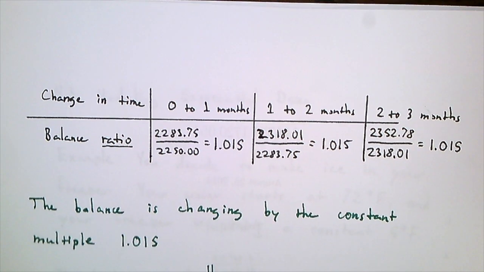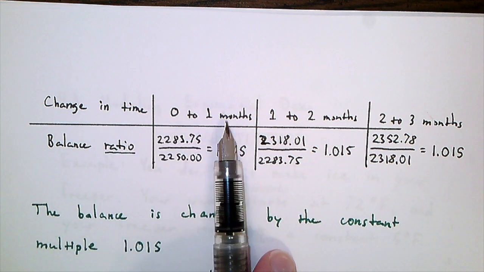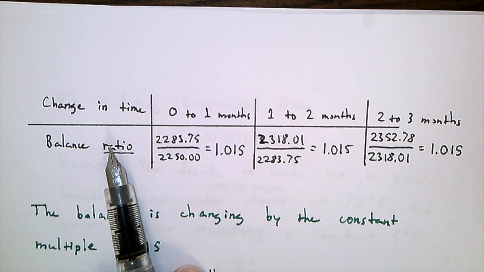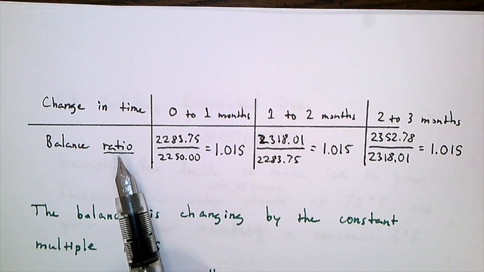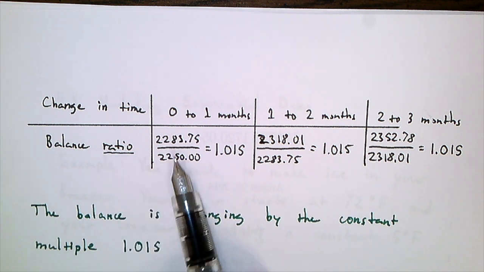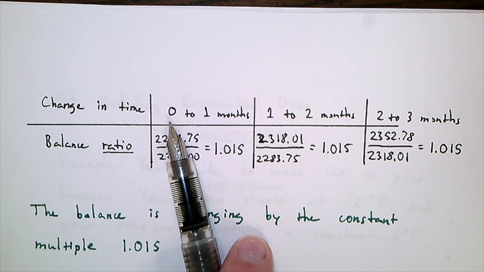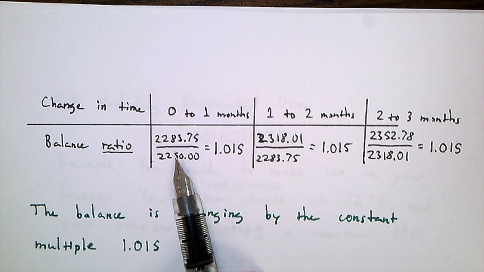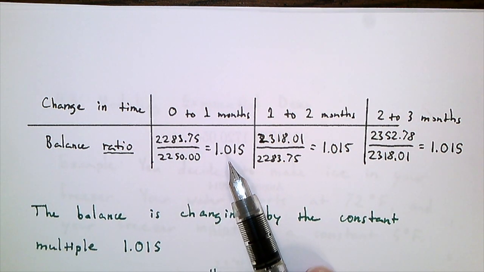I'm still looking at change in time in the first row, but in the second row, what I'm going to look at is the balance ratio. So I take the new balance from month 1 and divide by the old balance from month 0. When you do that in your calculator, you'll get this number, 1.015.